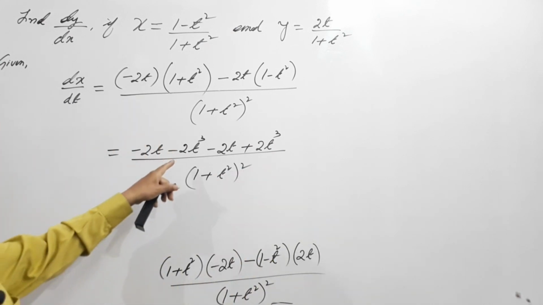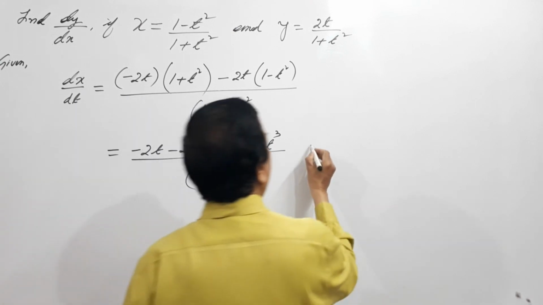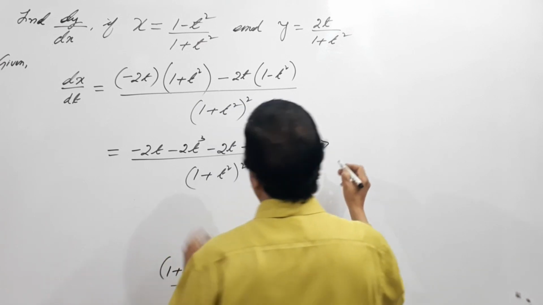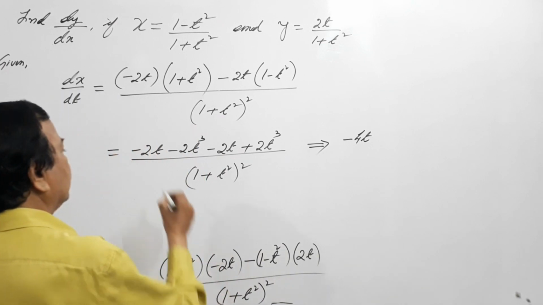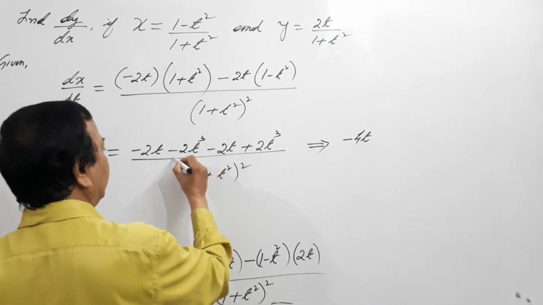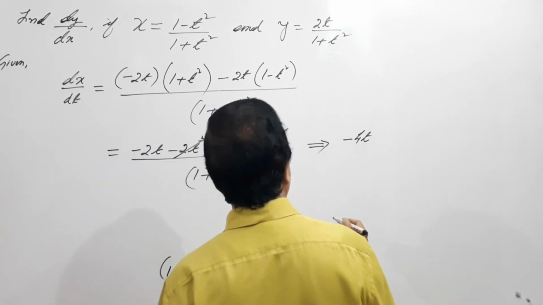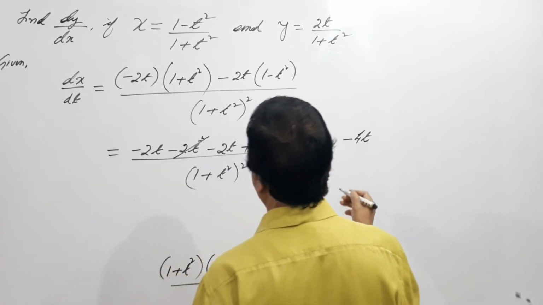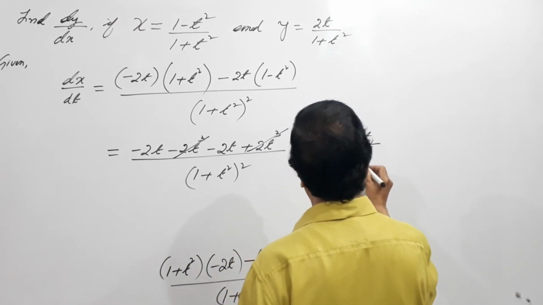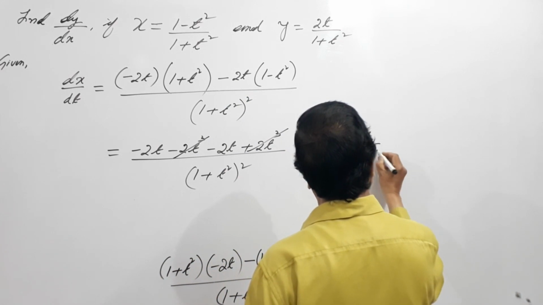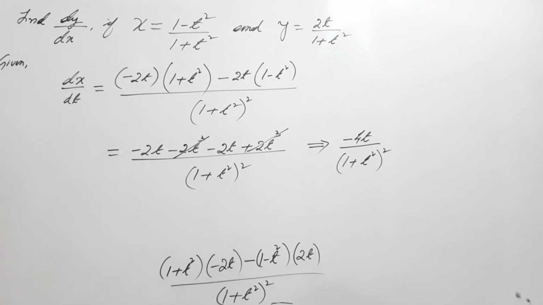So what happens here, you have minus 2t, minus 2t, which is minus 4t; minus 2t cube and plus 2t cube cancel, so you have minus 4t divided by 1 plus t square the whole square. You follow this?